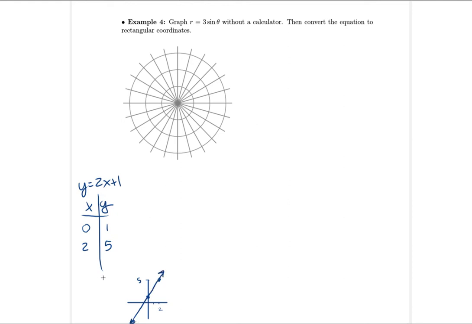So we're going to go back to those kinds of basics. But what we'll do is think of r kind of like our y and our theta kind of like our x, because we plug in thetas to figure out what r should be. So we'll say theta on the left, and then over here r on the right.